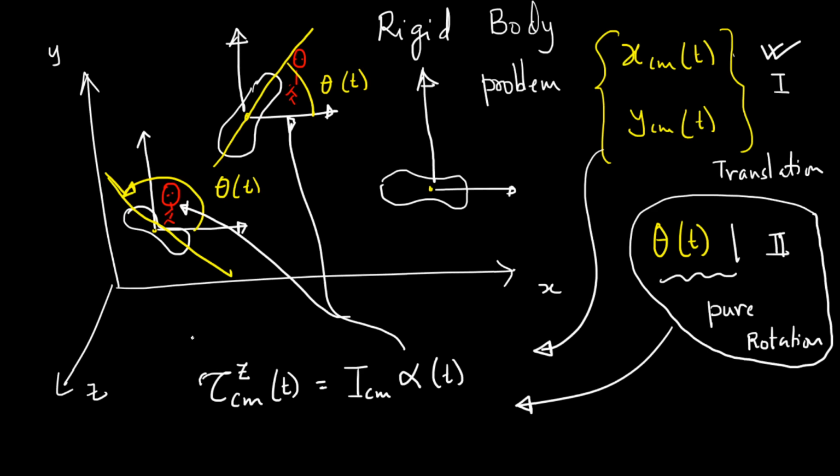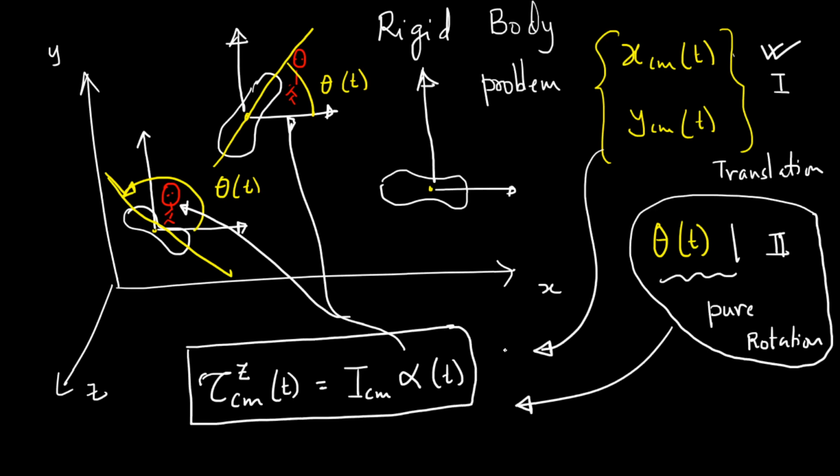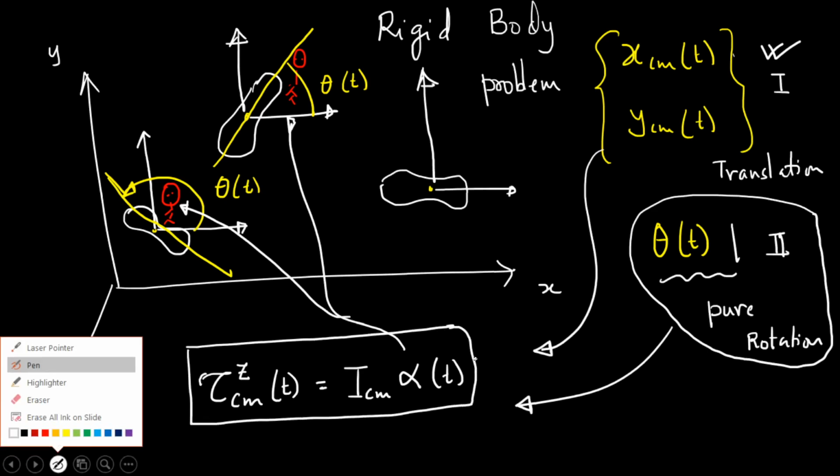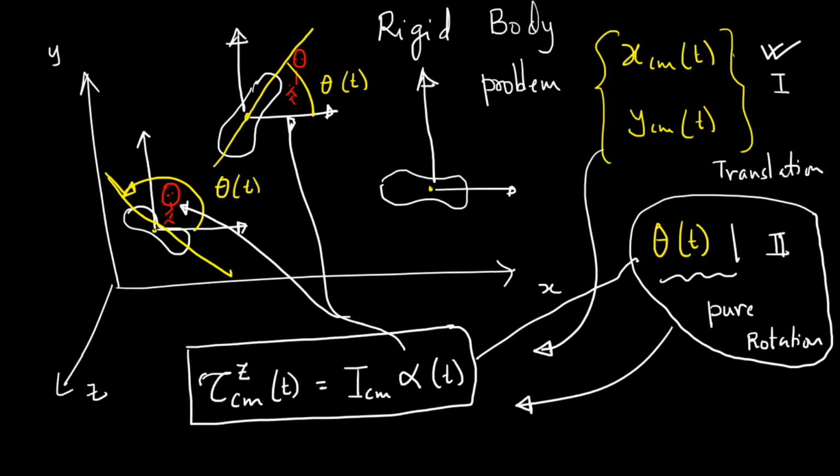Right. So this equation is enough to tell us theta as a function of time, given again the initial condition theta 0. Right. So here we see that this is the big question mark.